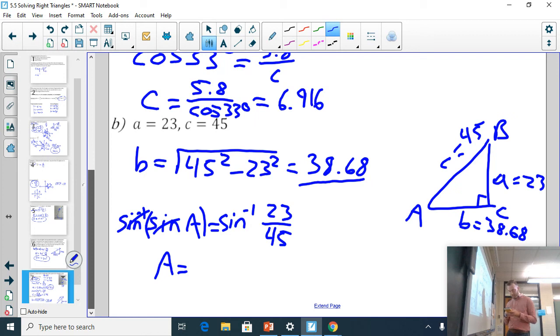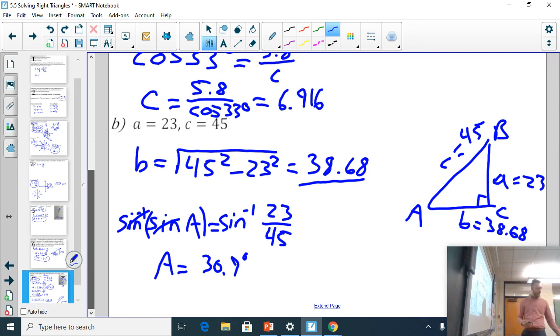Punch that in your calculator. 23 divided by 45. And we're going to get about 30 point, and I'll just round it here, 7 degrees.